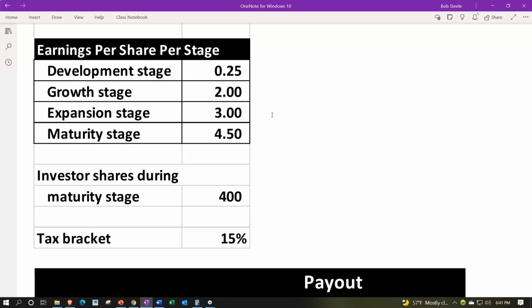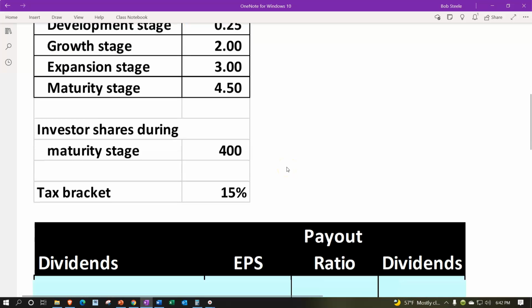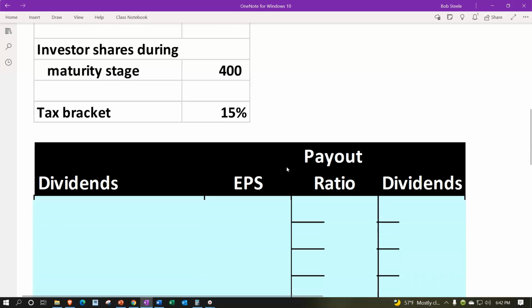So the income for the company in total may be going up, and it may be adjusted to some degree when you have a stock split, which might be done to get the price of the stock to what the company feels is a sweet spot to be marketable on the market. Okay, so then we're going to imagine once we go through that process that we have an investor at maturity with 400 shares, and we'll do some analysis on their holdings at that point.